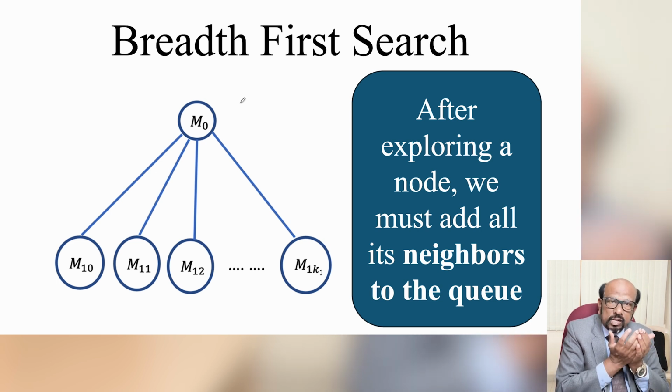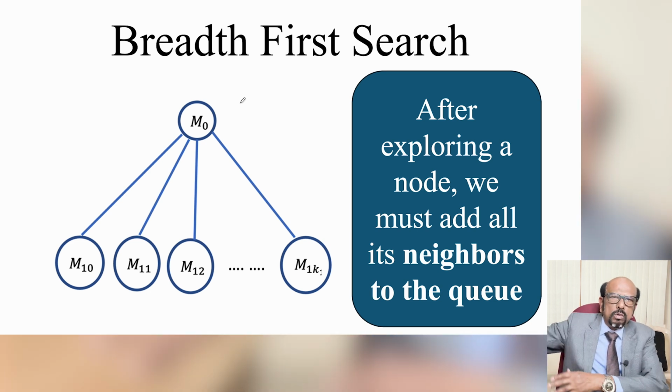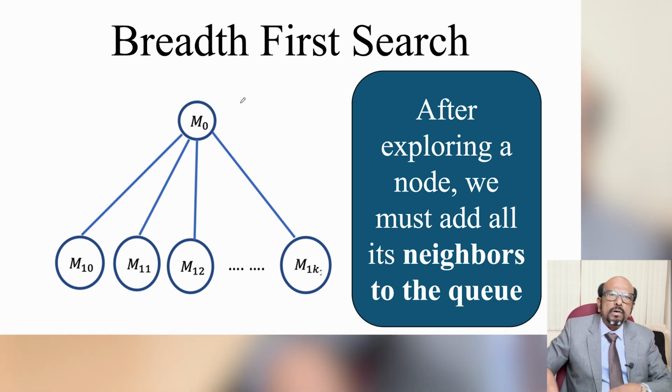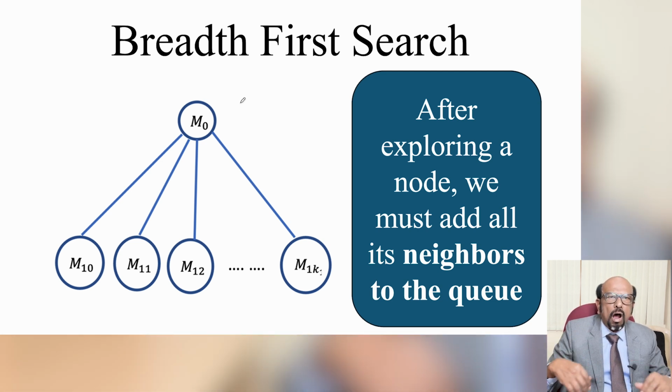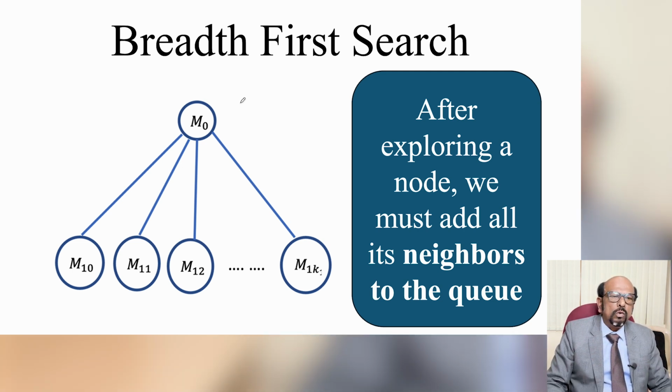If not, then after exploring the node, we must add all its neighbors to the queue, at the back. If you maintain this approach, we will use breadth first search and systematically proceed.